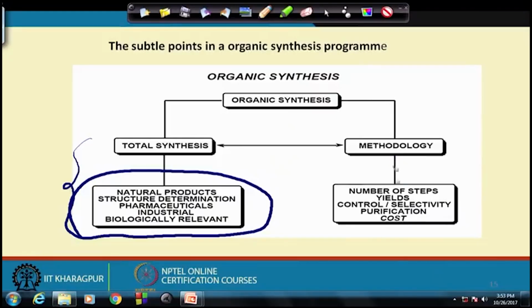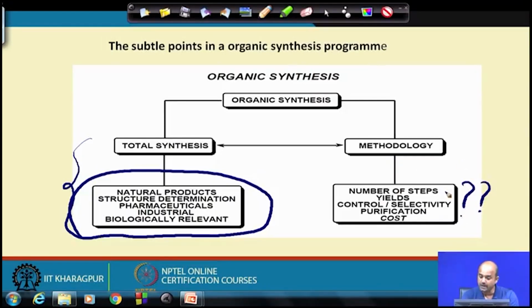Now, when you talk about methodology, our prime concerns will be these factors: the number of steps required, and the yields for individual steps. If the methodology is very high yielding, then your effort is counted. And the last point is control.